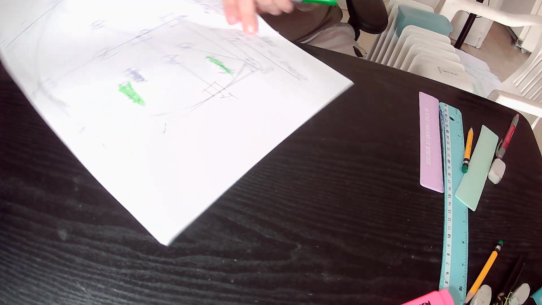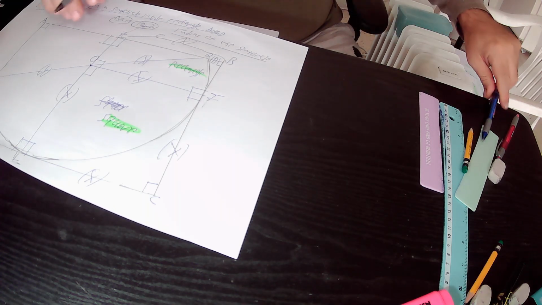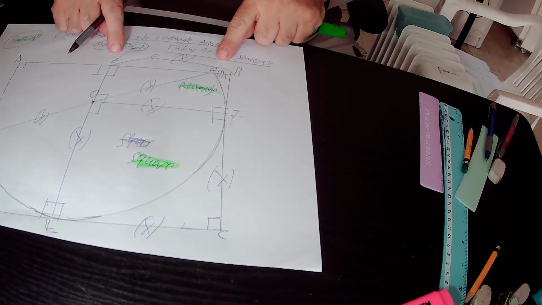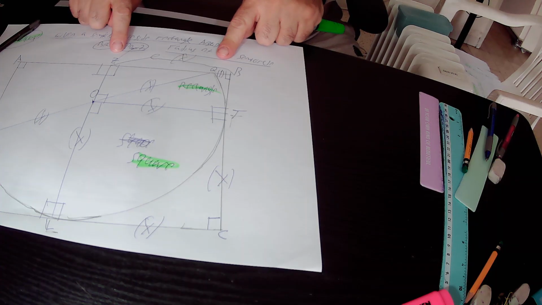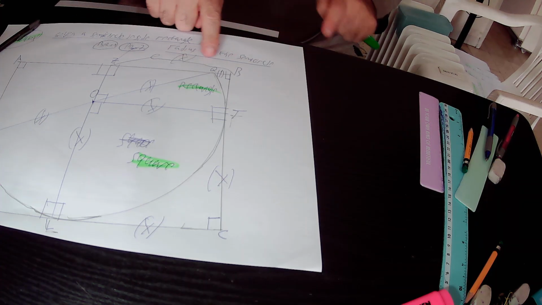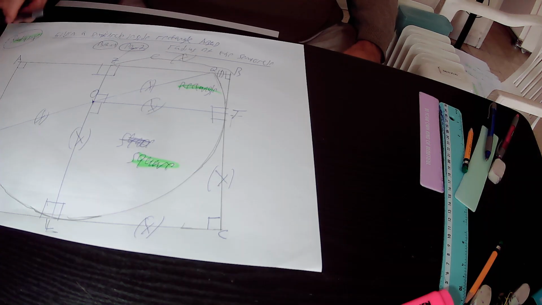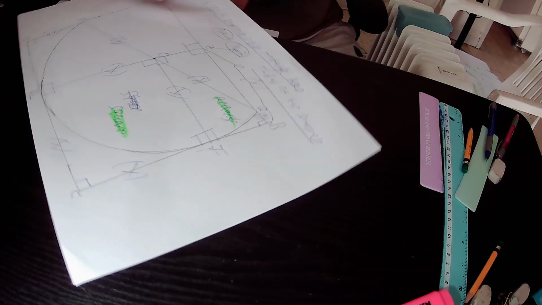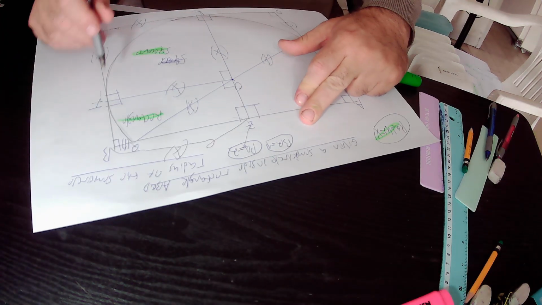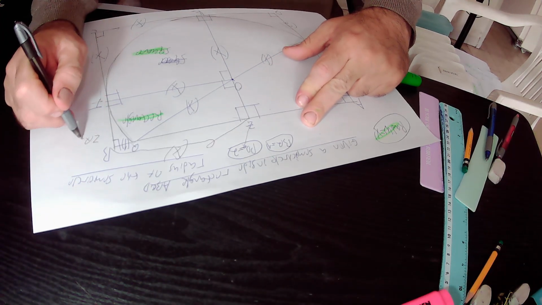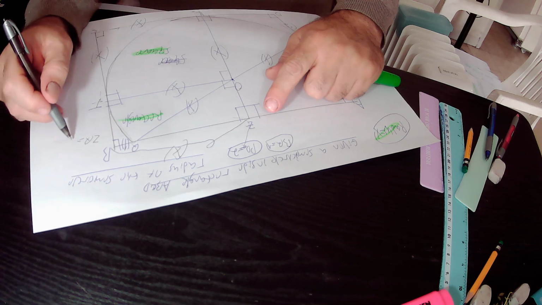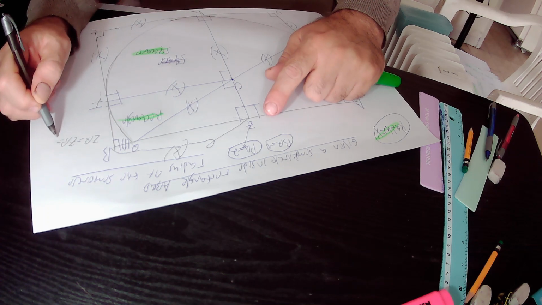What is the length of this line segment ZQ? ZQ in total equals ZB minus QB. So now the missing line segment ZQ equals ZB minus QB.